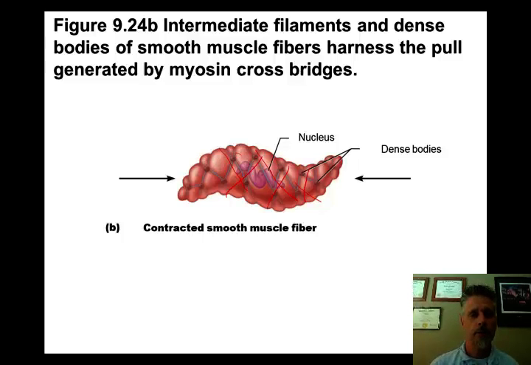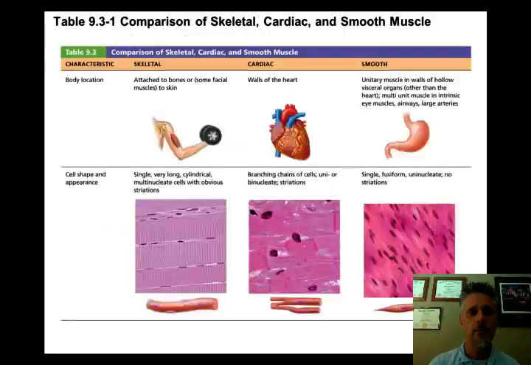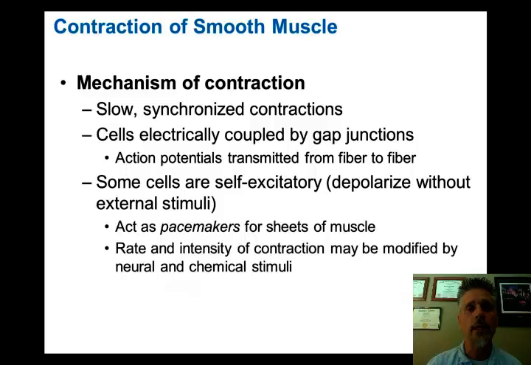Okay, other things that we see in terms of smooth muscle. Table 9.3 does a good job of comparing our different types of muscle as well. So go through that too. But we're going to look at smooth muscle contraction as well. So it's going to be slower. It's going to utilize ATP better, so it takes less ATP and it can contract for longer periods of time.